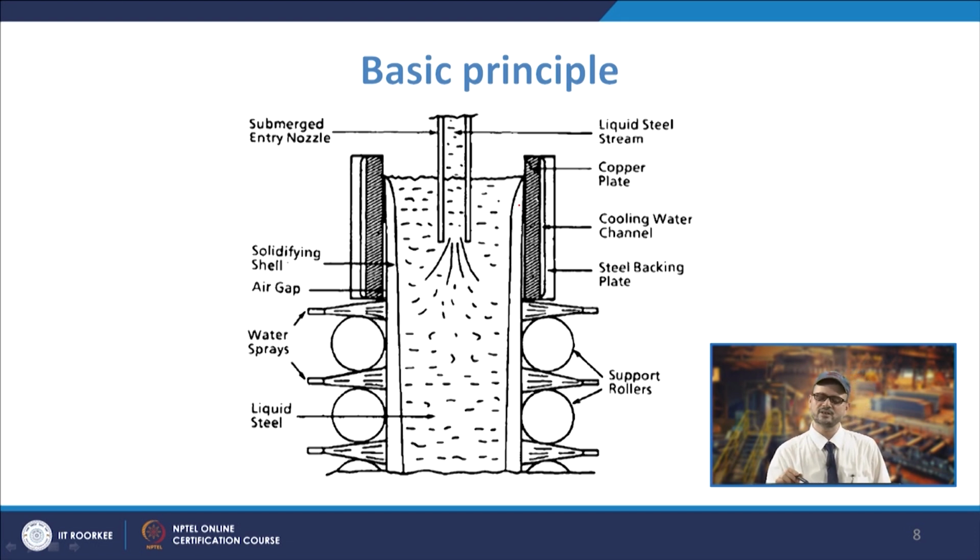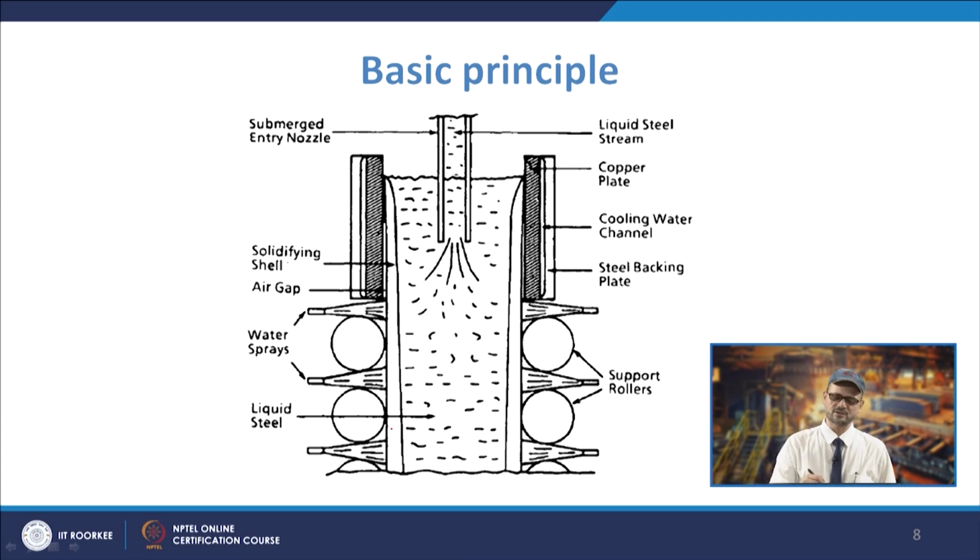That is why you have the cooling water channel here, and it is supported by the steel backing plate, because that gives strength and rigidity. Then your liquid steel stream will be coming up, and this is known as the primary cooling zone. Here there is development of the solidifying shell up to this point.